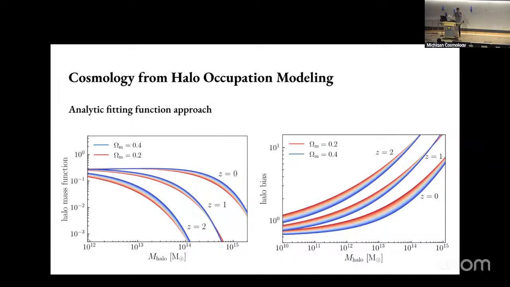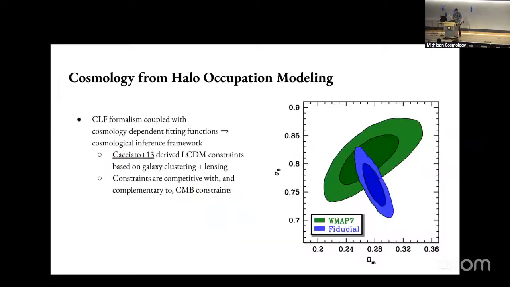And if you know the internal structure of dark matter halos, if you know the radial profile of the halos and you know how galaxies trace that radial profile, then on small scales, you can compute the two-point clustering. And then you can make a prediction across the full range of scales via analytic fitting function methods to derive predictions for galaxy clustering. Then run your MCMC as a function of cosmology. Cosmology changes the abundance of halos, it changes the clustering of halos, and you can compute that programmatically using the halo model and derive cosmological constraints on omega matter and sigma 8.